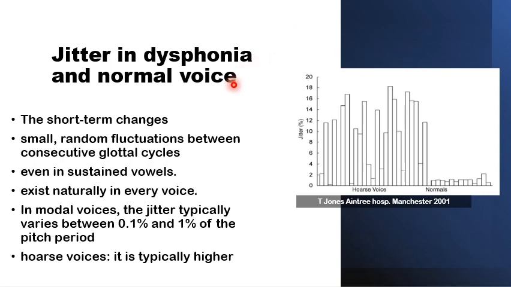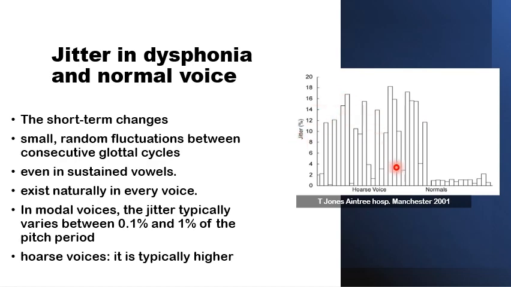This report from Withington Hospital in Manchester shows the values for jitter in normal individuals, where the value is generally less than 1%. Only one single individual had a jitter value of about 2% while having a normal voice. On the other hand, patients who have a hoarse voice had much higher values for jitter.